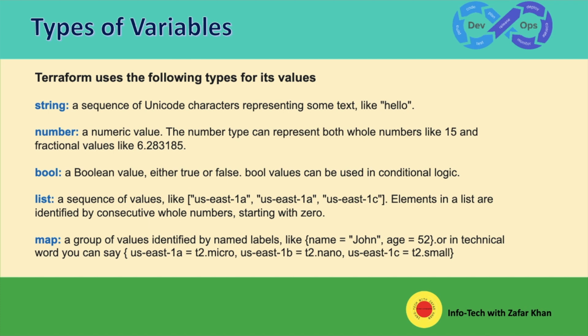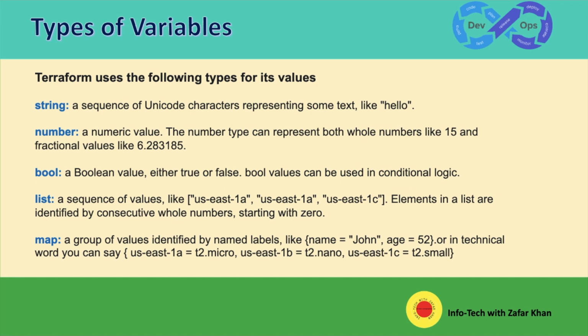Or technically we can say us-east-1a is equal to t2.micro, meaning we map this availability zone us-east-1a to instance type t2.micro. Similarly, for us-east-1b we map instance type t2.nano, and us-east-1c we map to t2.small. So this is the map variable.